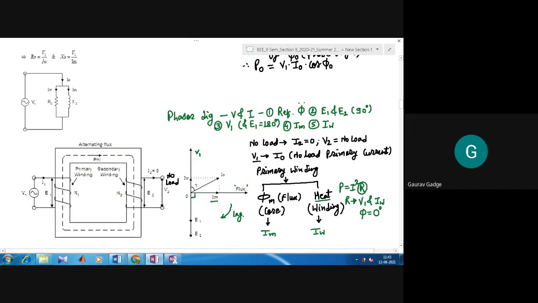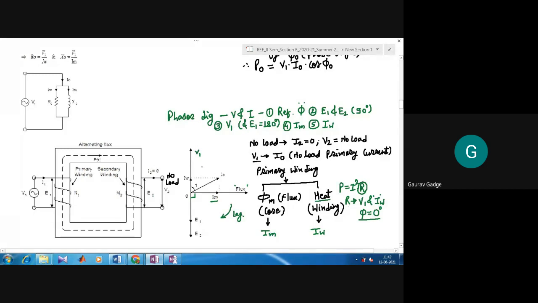As IW represents the loss component, it is drawn on the voltage axis, so the phase angle between these two parameters is equal to 0 degrees.